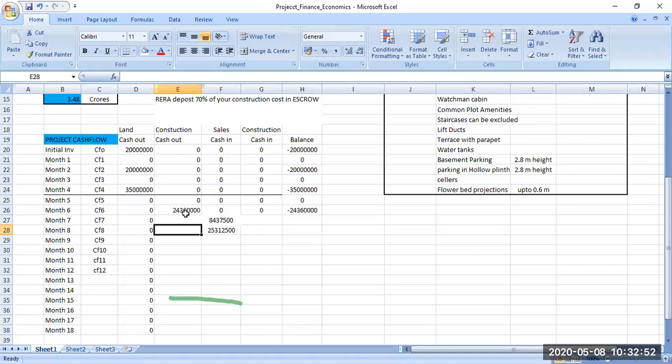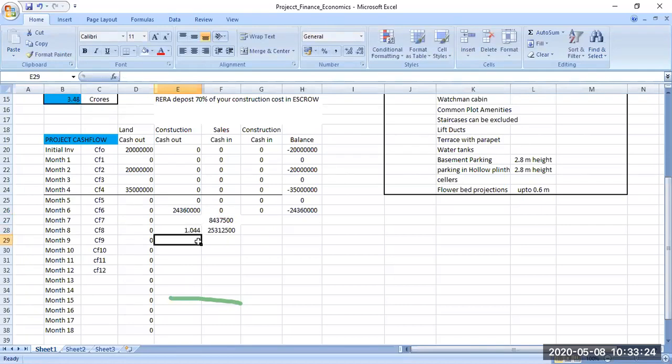So what I'm saying is that this amount is the 70% you paid to RERA. And this you cannot claim until you spend the remaining 30%. So what we'll do is, for the next 2 or rather 3 months, I'll equally divide what is to be spent of 30% of this, which is the last part.